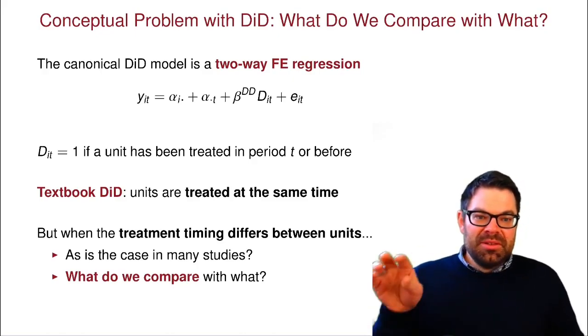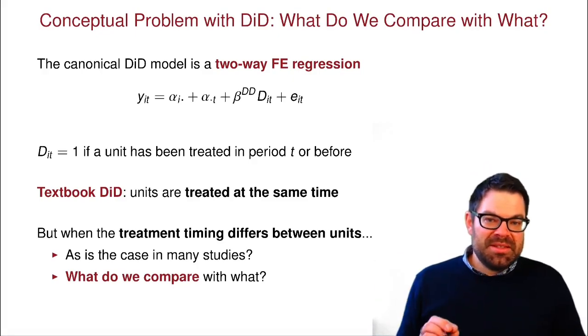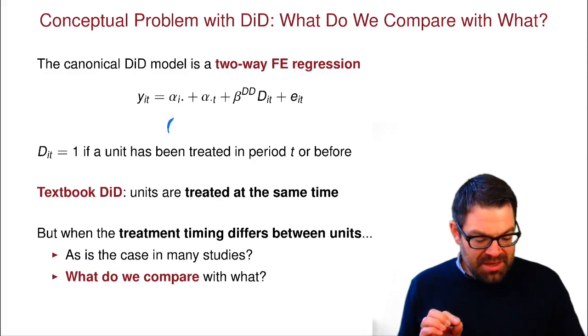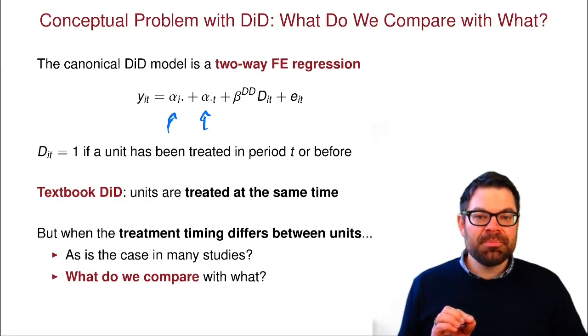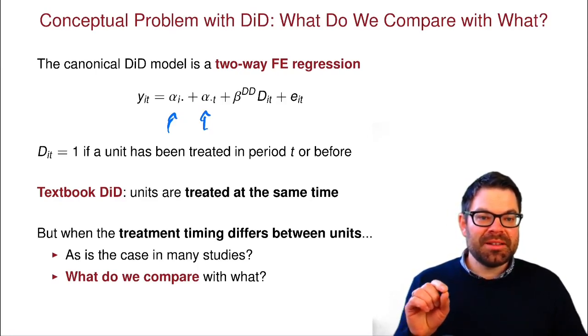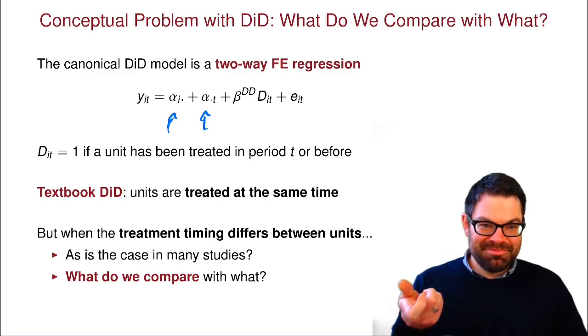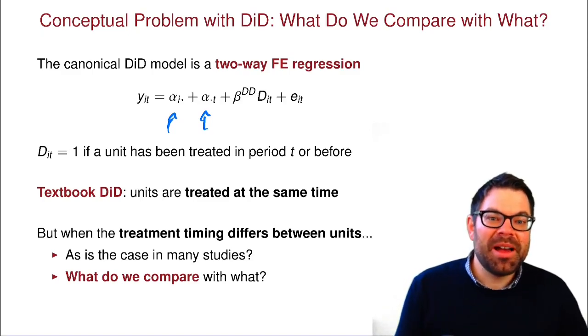The starting point here is the canonical two-way fixed effect regression. So we have here unit and time fixed effects. And then again, we have that treatment dummy that is one if a unit is in a treated group after the group has been treated.